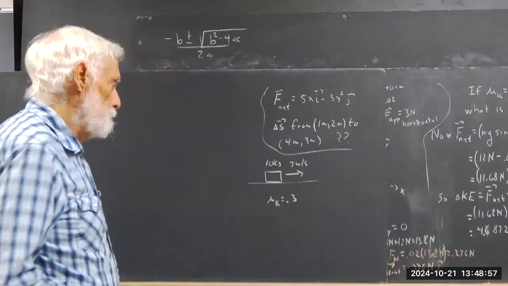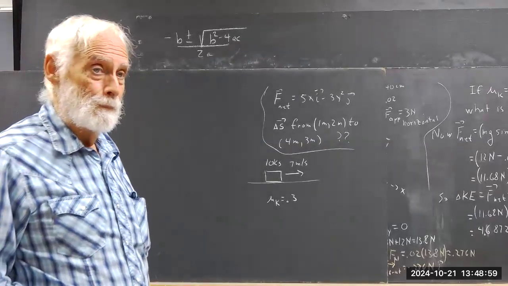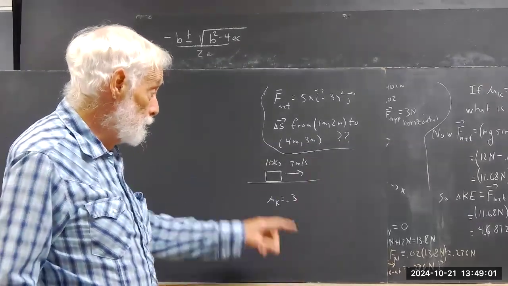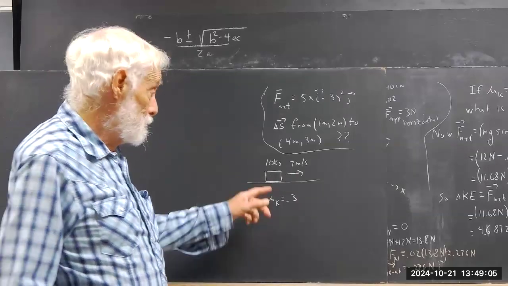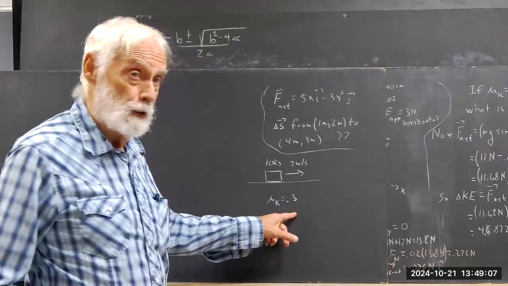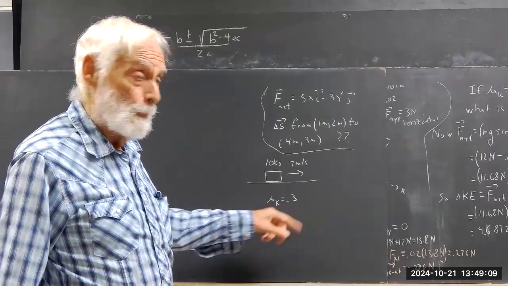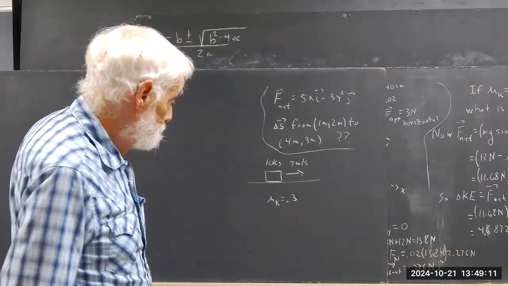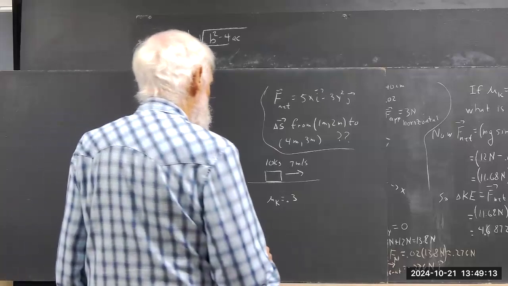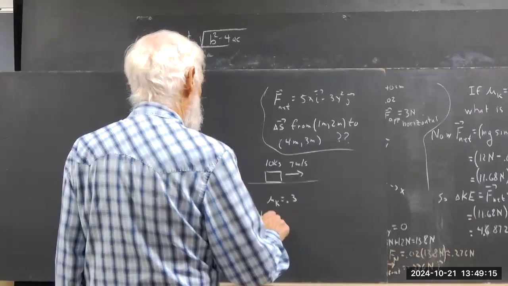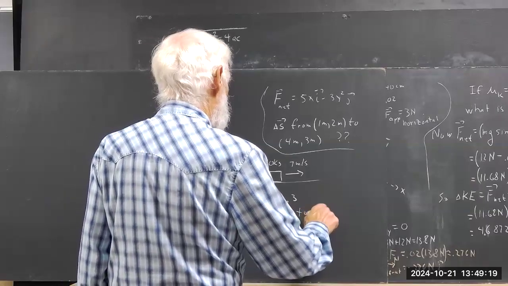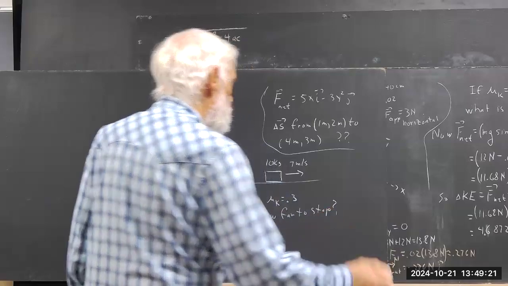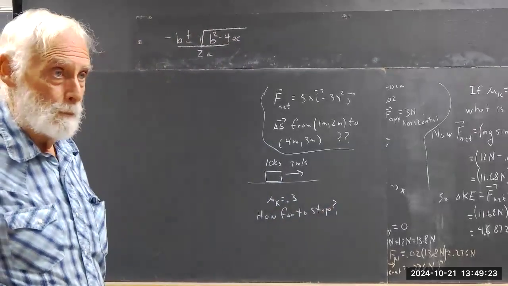Coefficient of kinetic friction is 0.3. So it's actually a pretty smooth surface. This one probably has a pretty smooth surface on the bottom, because that's not a very high coefficient of friction. How far does that go in order to stop?